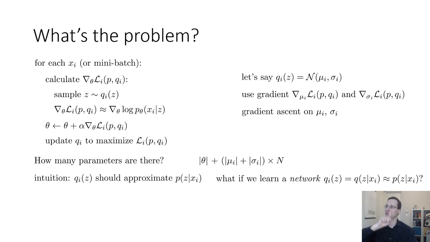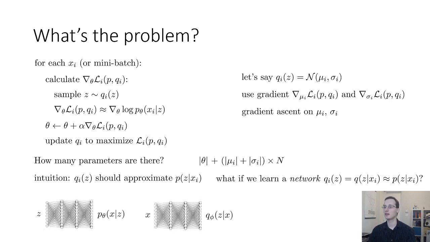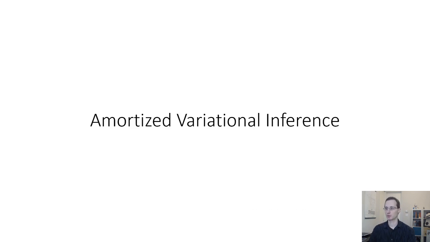So we're going to actually learn a second neural network, Q, which will give us Q of z given xi. And we'll actually train that second network to be close to P of z given xi. So we'll have one network that goes from z to P theta of x given z, and another network that goes from x back to Q phi of z given x. And this will be the foundation of something called the variational autoencoder, which we'll talk about next.